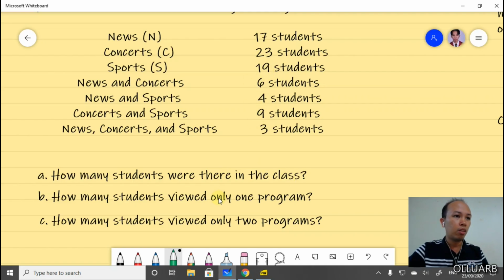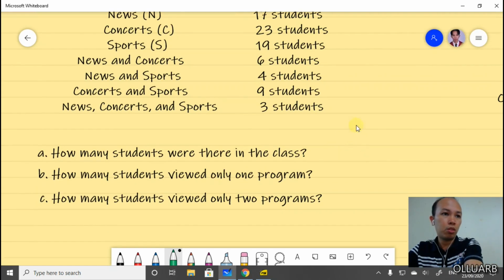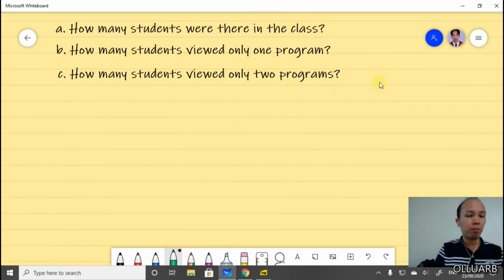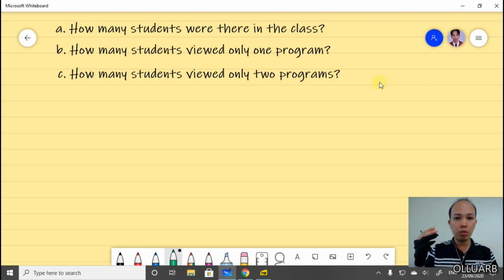So the solution here is to make a Venn diagram. You will have a geometric figure for news, another geometric figure for sports, and another geometric figure for concerts.